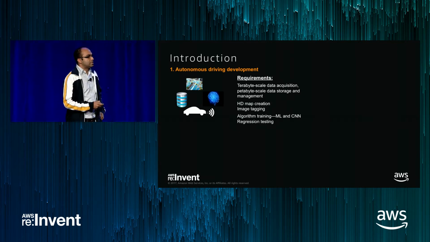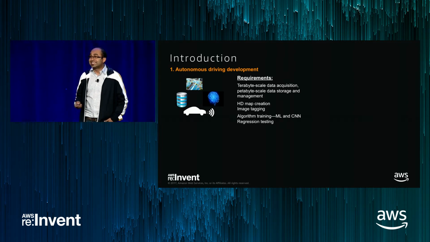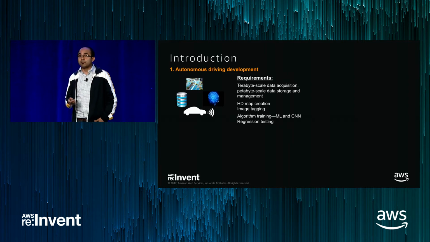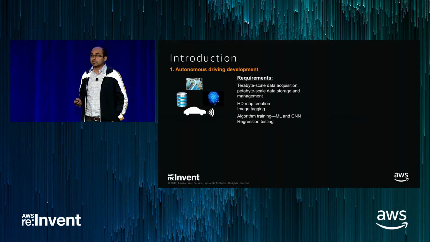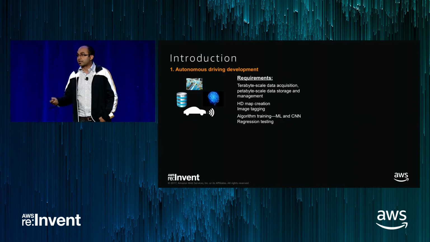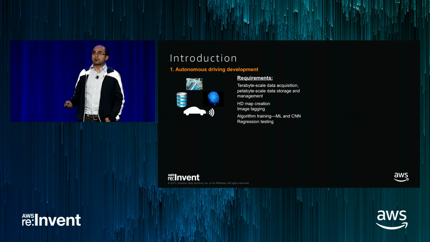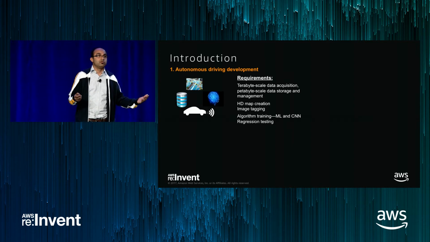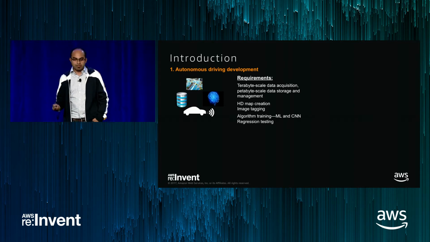So for the development environment, what is it that is required, right? We need terabyte data acquisition. A car can probably produce 20 terabytes of data if it has a lot of sensors, and this is more of a practical number that we see. Then HD map creation, whether it's using just visual cameras, but more often than not you're using LiDAR to actually create HD maps.